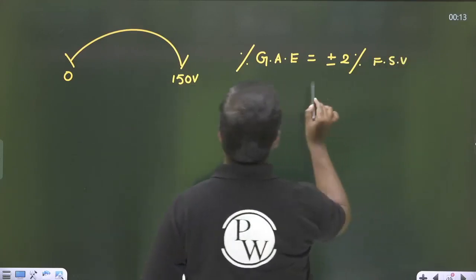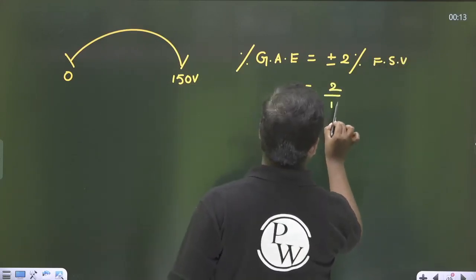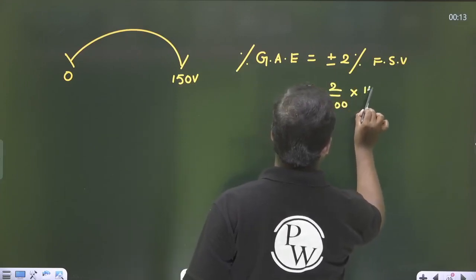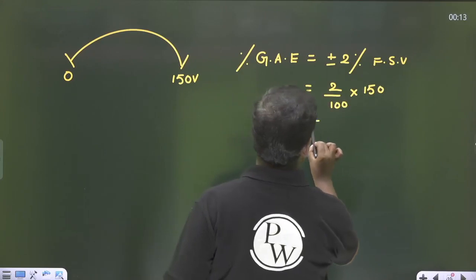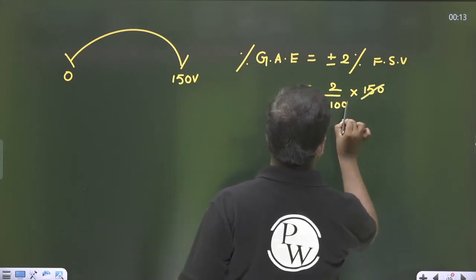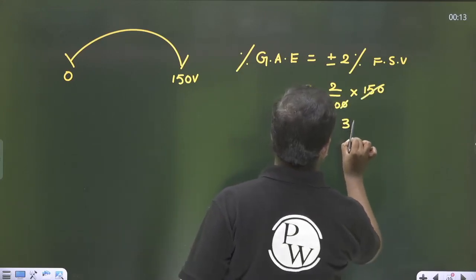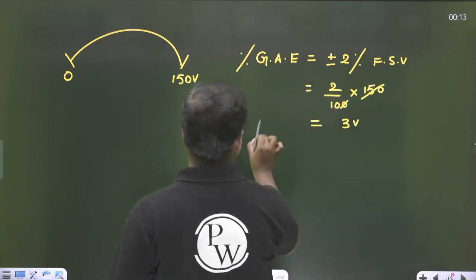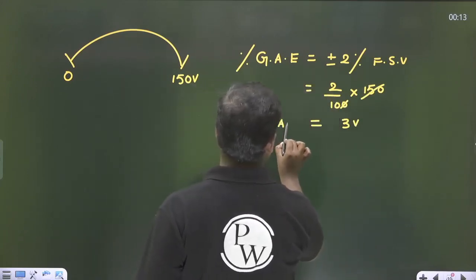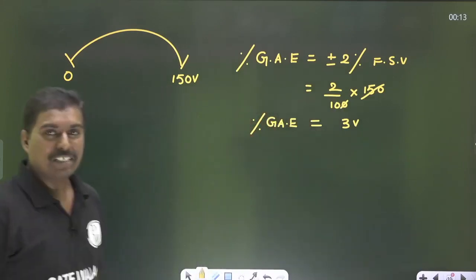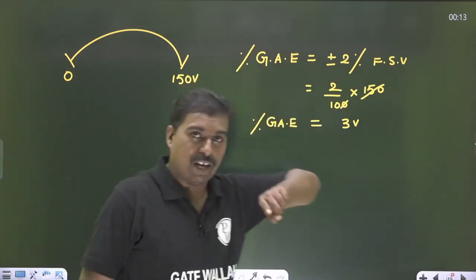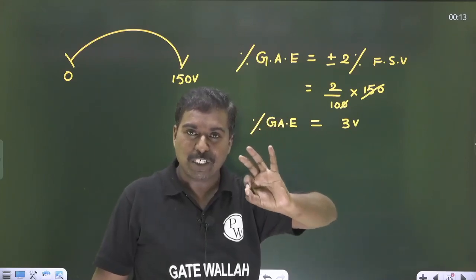That is 2 by 100 into 150, which is 3 volts. The guaranteed accuracy error is 3 volts. That means when you are measuring the full scale value, you are definitely going to get an error of how much?